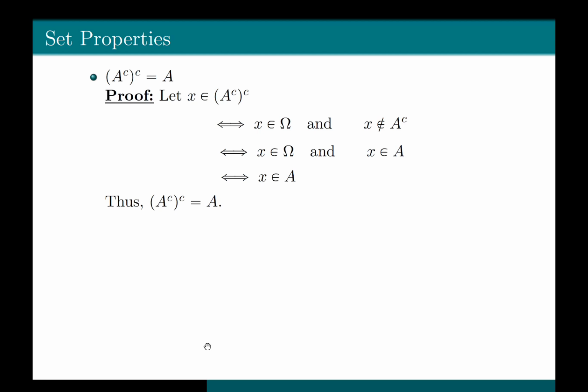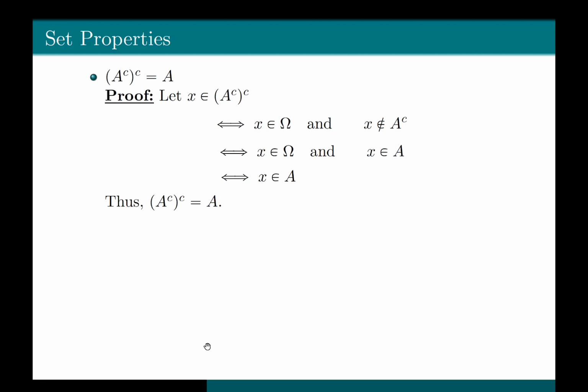How do we do that? We take an element X in A complement. If X belongs to A complement, that means X belongs to the universal set and X does not belong to A. That's the definition of complement of a set: it contains all the elements from the universal set that are not in the set.